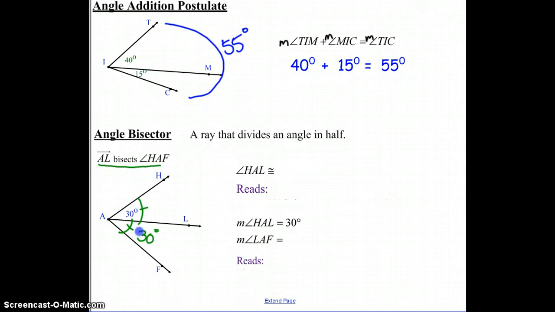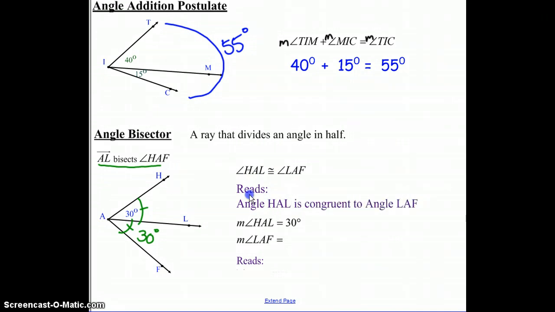We want to revisit notation just like we did with segment congruence. We have angle congruence here. So angle HAL is congruent to angle LAF. Okay, so that is how we read that notation.